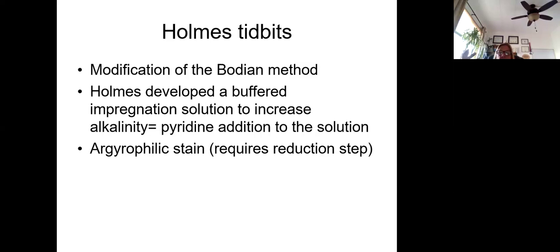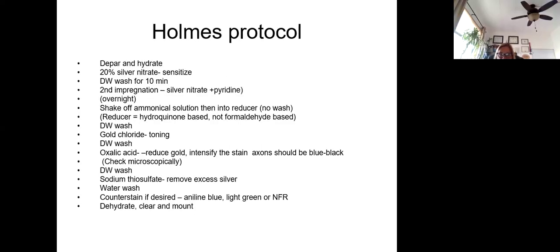So, what he did was he added pyridine to the solution. And that's really the only difference between the two, is sort of, yeah, buffering out that impregnation solution, so that we increase the alkalinity inside of our stain. So we're going to deparaffinize and hydrate.